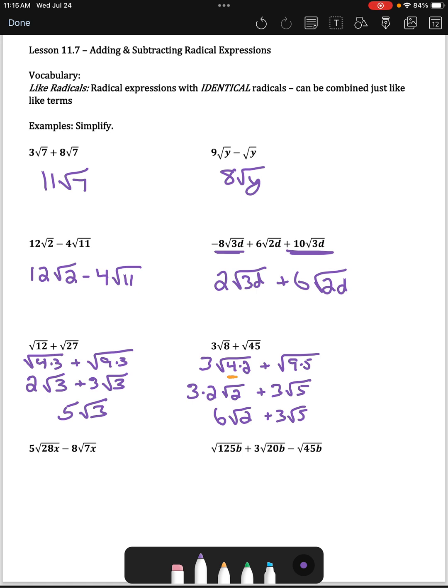So let's take a look here. We have 5 root 28x and 8 root 7x. 28 is 4 times 7. That's nice. We like seeing that 7x because it's going to combine now with the other 7x. And remember, always choosing a multiplication fact that involves a perfect square. So 4 times 7, not 2 times 14.